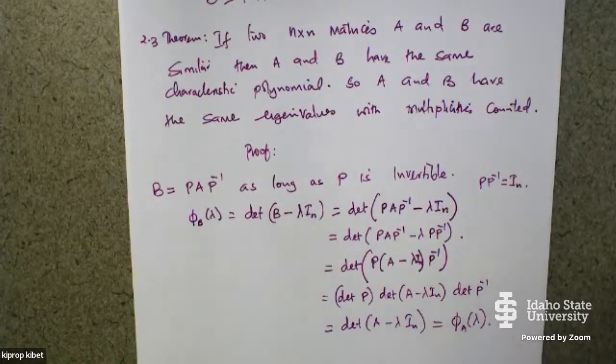If the characteristic polynomials are the same, then they have the same eigenvalues, with multiplicities counted.